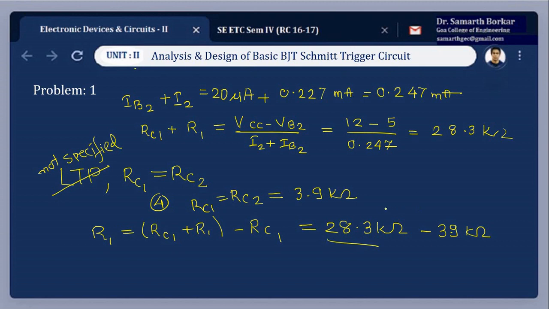This 28.3 I obtained from the previous expression. So the value is 24.4 kilo ohms. So the standard value of resistor will be 22 kilo ohms. So this is the standard value. So we have come to the end of this problem. We have been able to find the component values successfully.